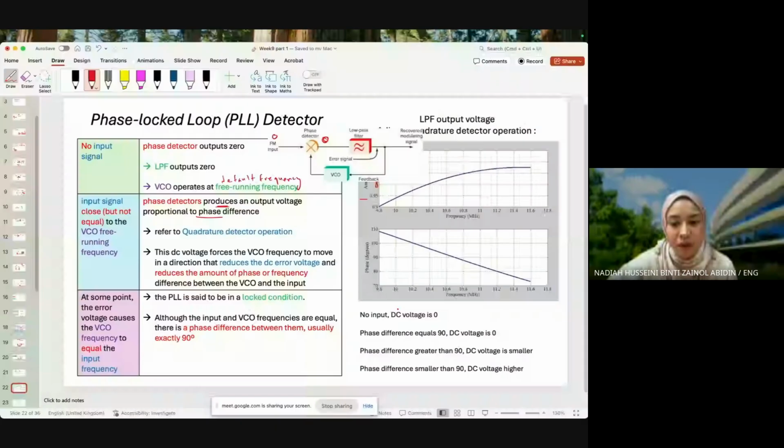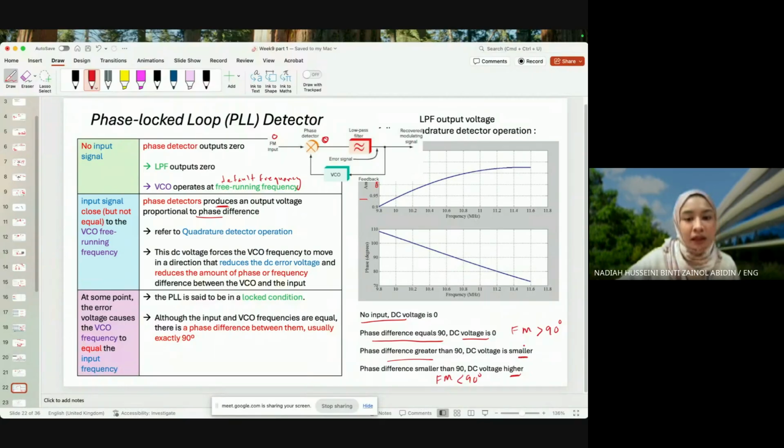When the phase difference equals 90 degrees, the DC voltage is also 0. When the phase difference is greater than 90 degrees, we get a low DC voltage. And when it is smaller than 90 degrees, the DC voltage is high. So this is exactly the same as the quadrature detector. We are using it here.